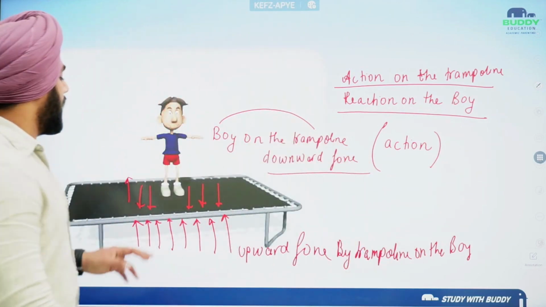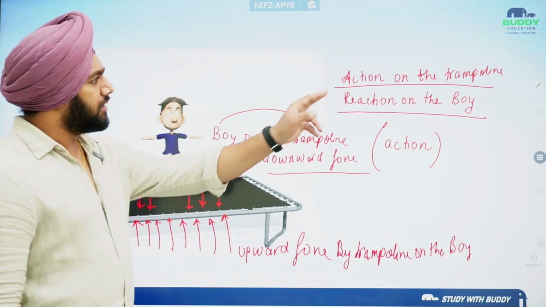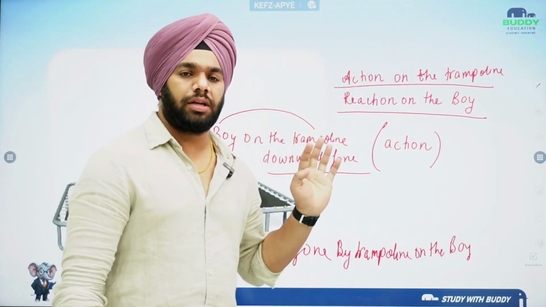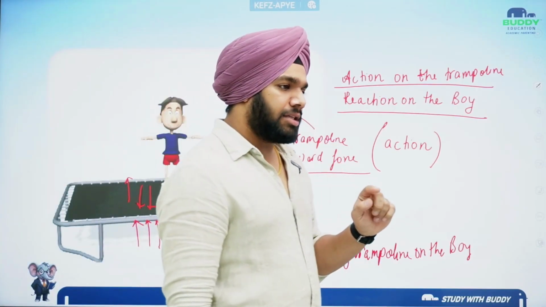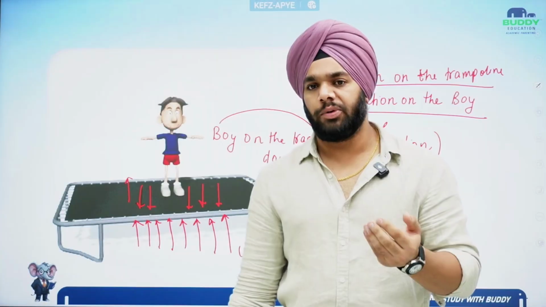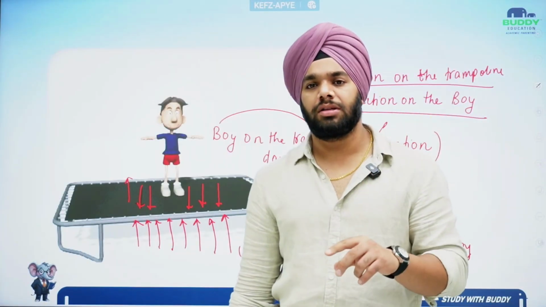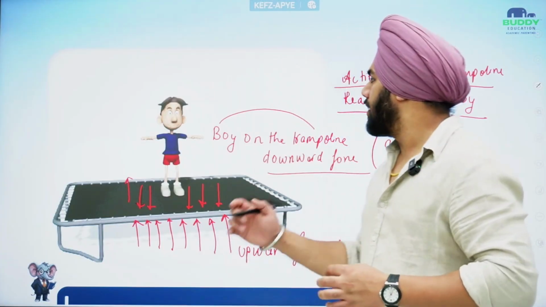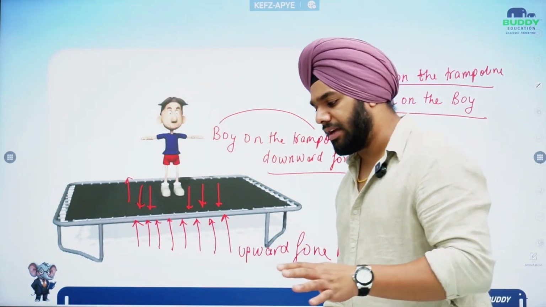So action is on the trampoline, reaction is on the boy. That means these two forces cannot cancel out each other. There is a statement in the NCERT that action-reaction pairs do not cancel out each other. They normally ask the question why they do not cancel out each other. It's a very simple answer. You can see with the example as well that for every action there is an equal and opposite reaction.